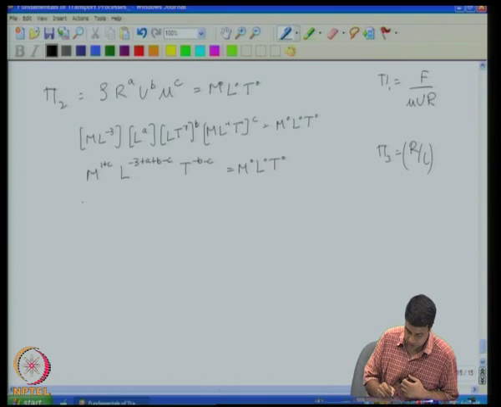So, from this I have the equations 1 plus c is equal to 0, minus 3 plus a plus b minus c is equal to 0, and minus b minus c is equal to 0.